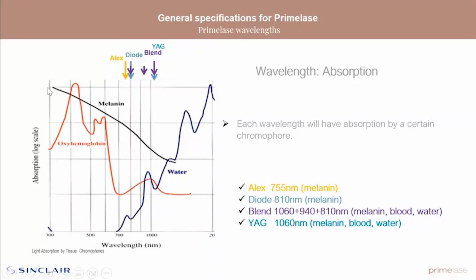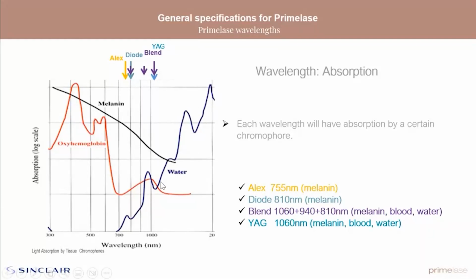If we start with the first one, the easiest one is melanin. Melanin is this black curve, and we can see easily how the absorption decreases as the wavelength increases. So if we want to treat melanin more effectively, we need a shorter wavelength. I think this one is really easy to see.